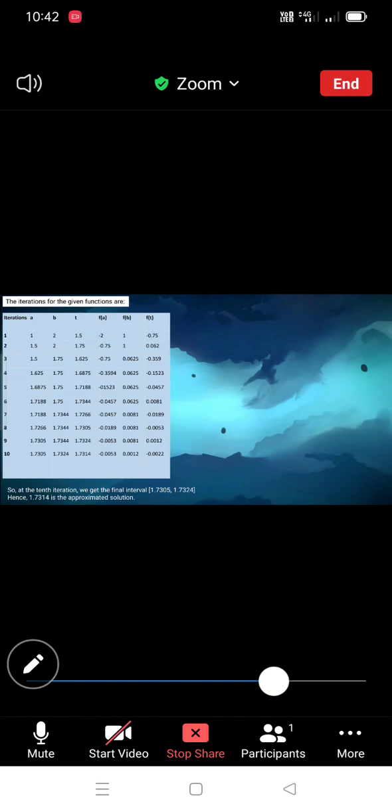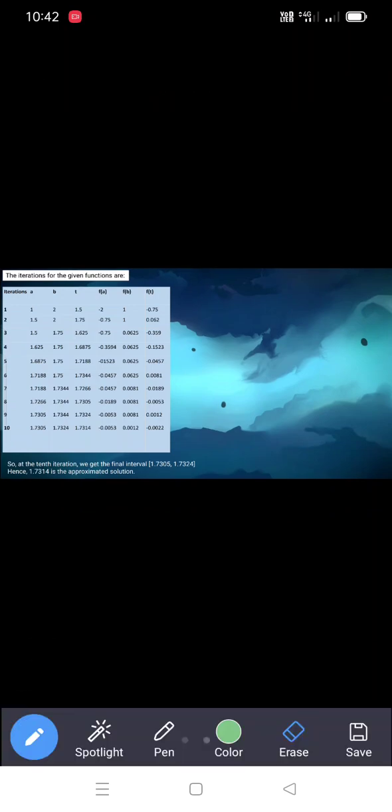So in the first iteration, a is equal to 1, b is equal to 2 and t will become 1 plus 2 divided by 2. So it gives 1.5. Then f of a will be negative 2 and f of b will be 1 and f of t is equal to negative 0.75.